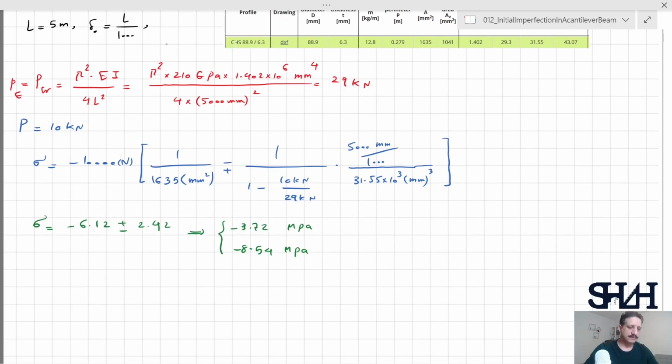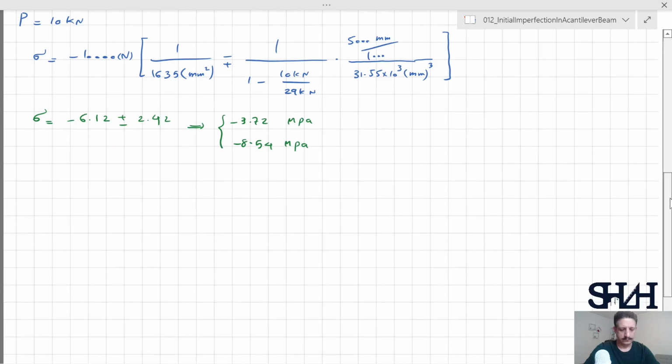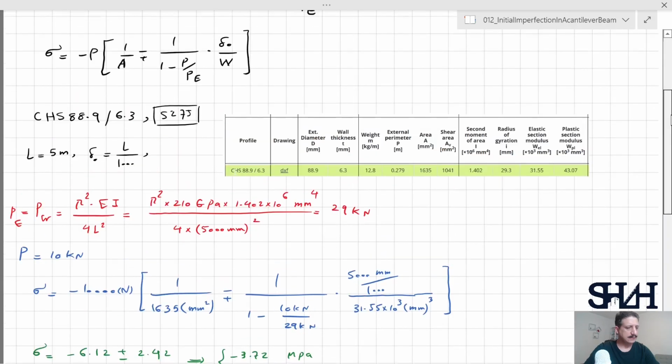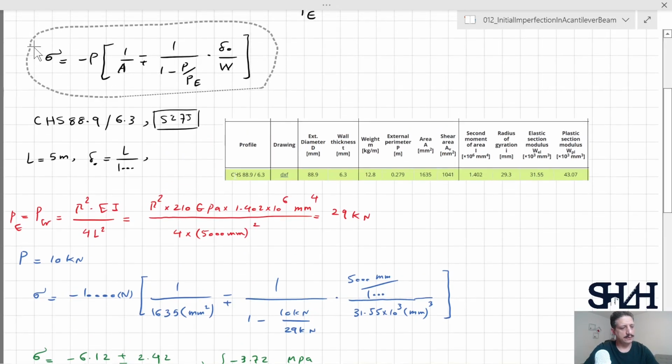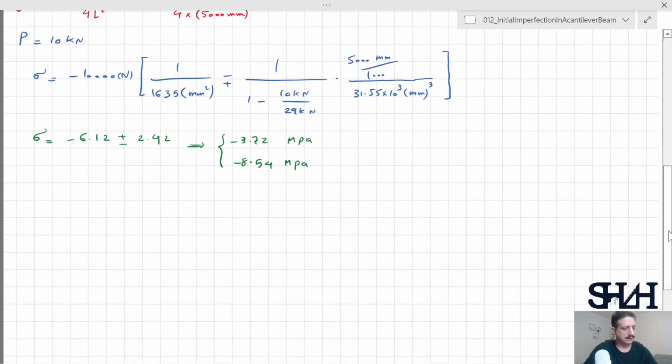Now it is good if we can calculate what is the maximum load that we can apply to this element before it yields. For that, we can rewrite the equation of sigma, and instead of sigma we can use the yielding value, 275 megapascal in this case.